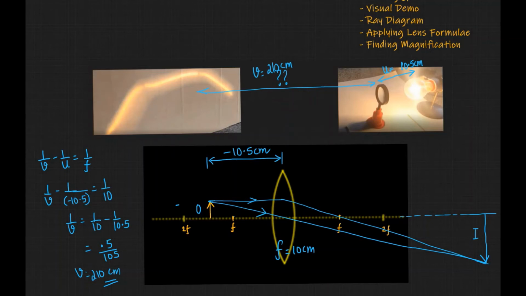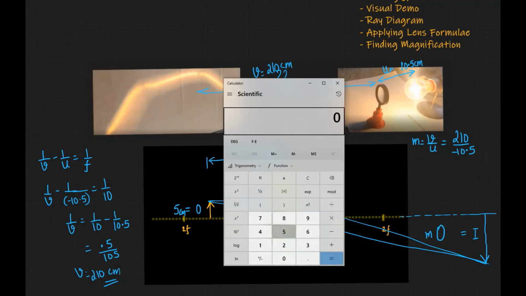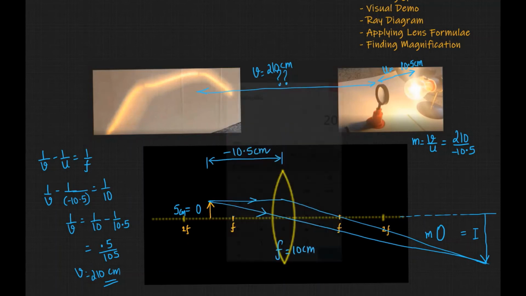If your object height is 5 centimeters, we can find what the image height would be. Image height would be magnification into object height. The magnification is given by v by u, that is 210 divided by minus 10.5. Let's use a calculator. 210 divided by 10.5 is equal to 20.